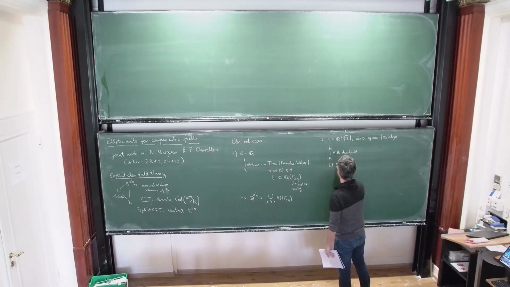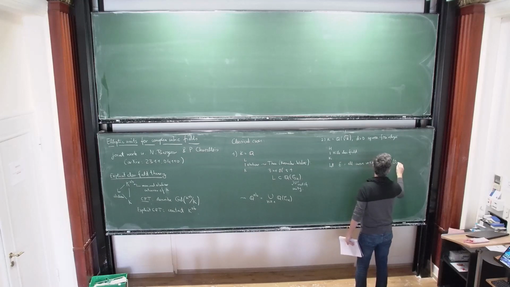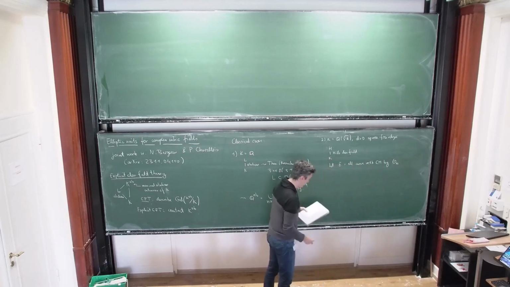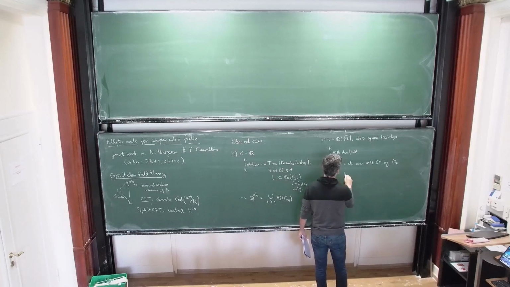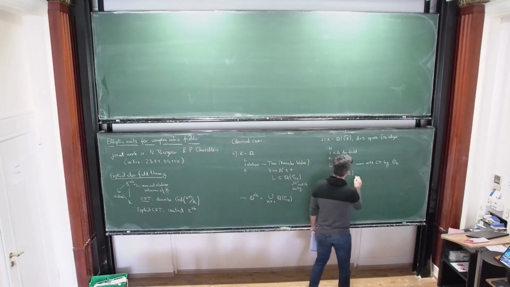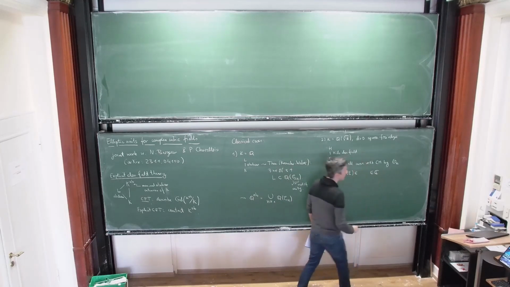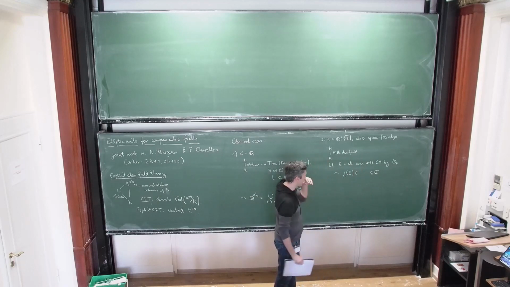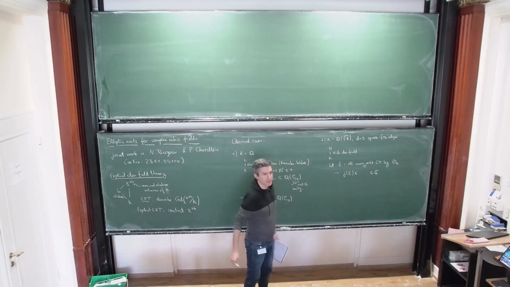Namely, one takes E to be an elliptic curve with CM by the ring of integers. And then one looks at its j-invariant, which in principle is a complex number, an elliptic curve over the complex numbers, if you will, with complex multiplication by O_K.